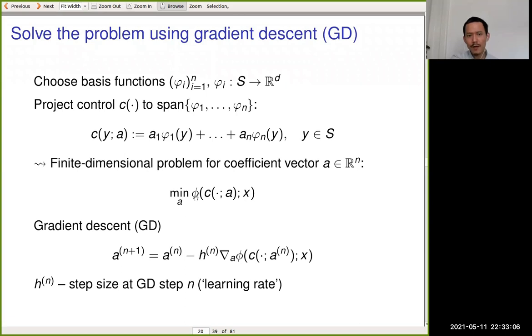If you recall, phi here was the objective function of the stochastic optimal control problem. In principle, phi will take a function. It doesn't have to take a vector, but we've transformed it into a finite dimensional optimization by considering only controls which admit an expansion with respect to this basis. You're all probably familiar with this concept of a learning rate. You can just think of it as a time step in a discretization of a gradient flow.